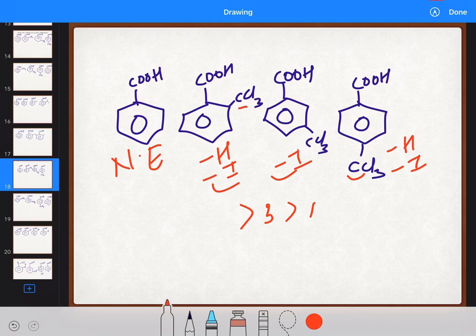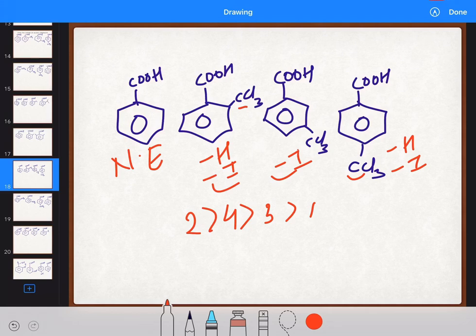Then we will put second, then fourth. Correct? I didn't remove the H because I understand what I am doing. You want to remove, you can remove. It will be better to remove, so whenever you try, please remove it. Okay. Then what is the order of stability or acidic strength? That should be 2, 4, 3 and 1.